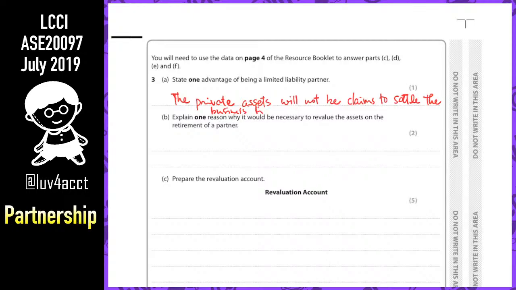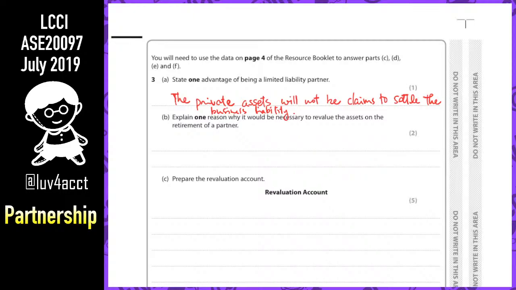Just now I have been thinking, from what perspective are we going to answer this one? State one advantage of being a limited liability partner. Of course, we stand from the viewpoint of that limited liability partner, so we do not have to use our own asset to repay the business liability if the business cannot settle its own liability.